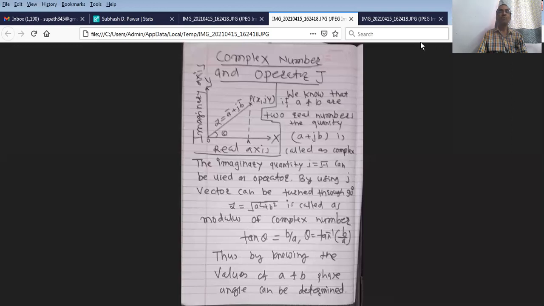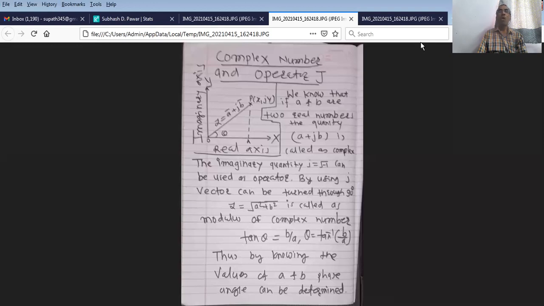In the geometry we studied, Z equals under root A square plus B square, where OA equals A and PA equals B. That's why OP equals Z. Then modulus Z equals under root A square plus B square. It is a real quantity.